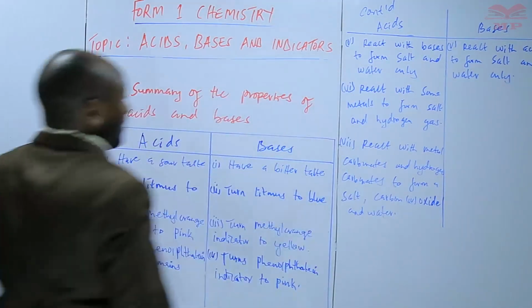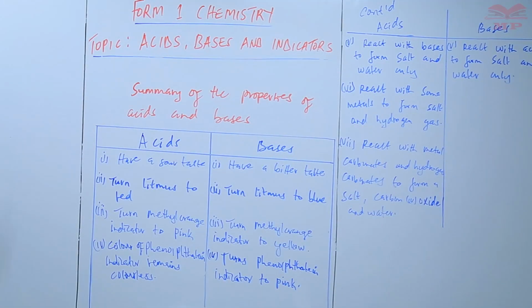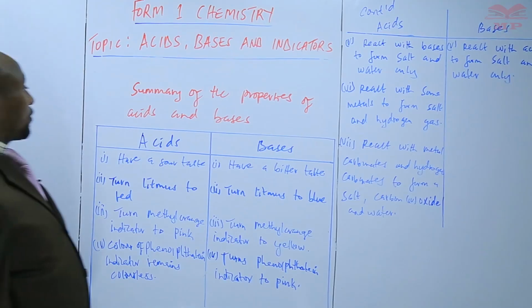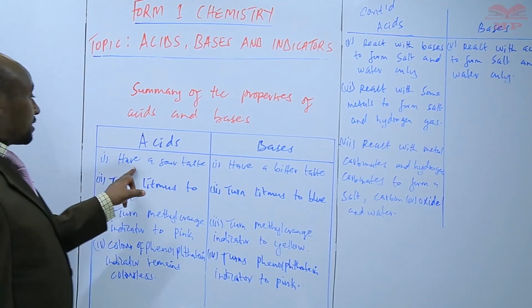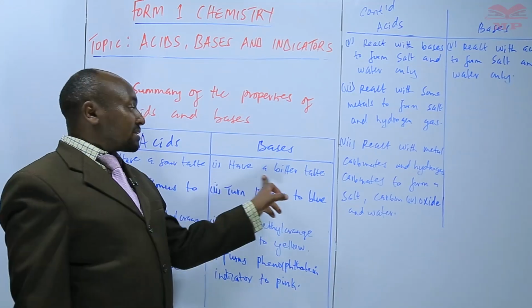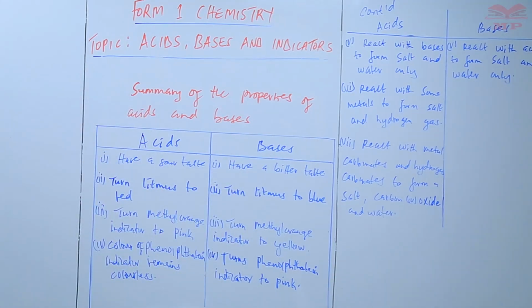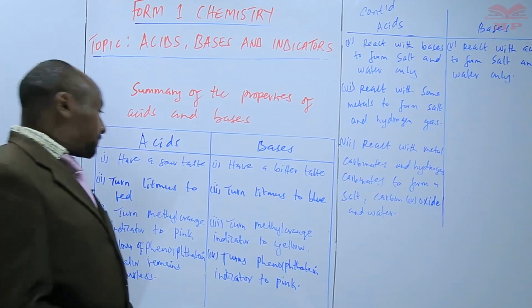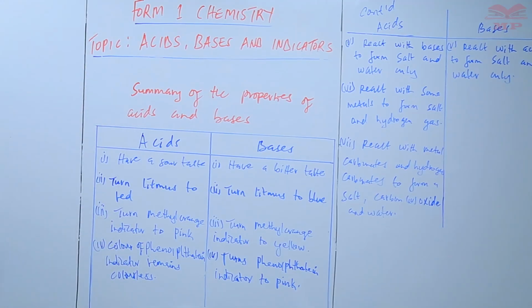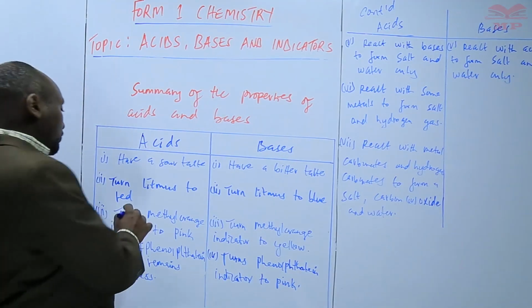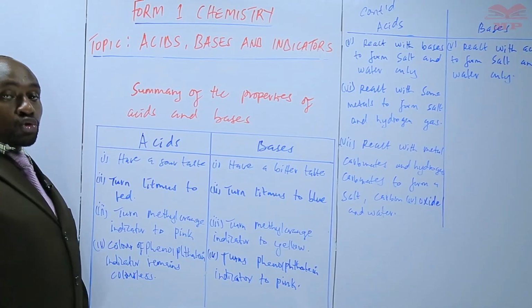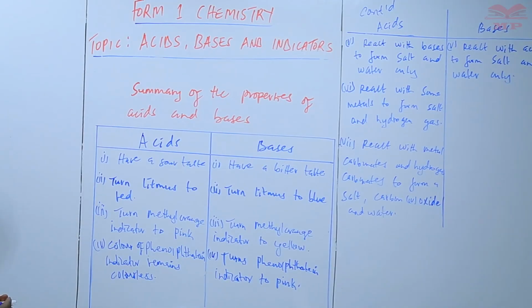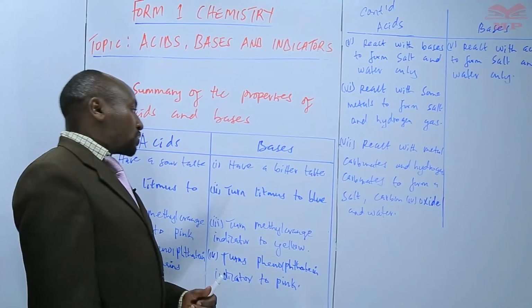So basically we have a summary of the properties of acids and bases. The first property, we've seen that acids have a sour taste, bases have a bitter taste, though we say they should not be tasted. Two, acids turn litmus to red. Remember, litmus is purple in neutral conditions, but it turns red in acidic conditions.